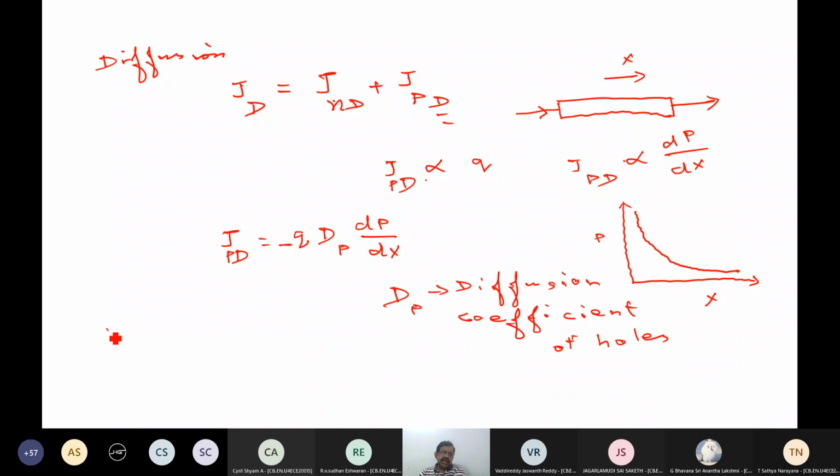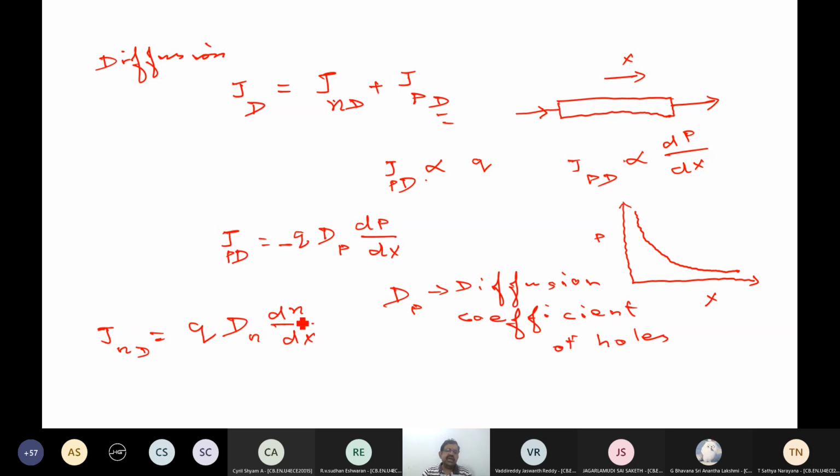Likewise, I can write JND, that is the electron diffusion current density, equal to q Dn dn by dx. So this is the change in the concentration with the distance, because I am only considering one dimensional variation.